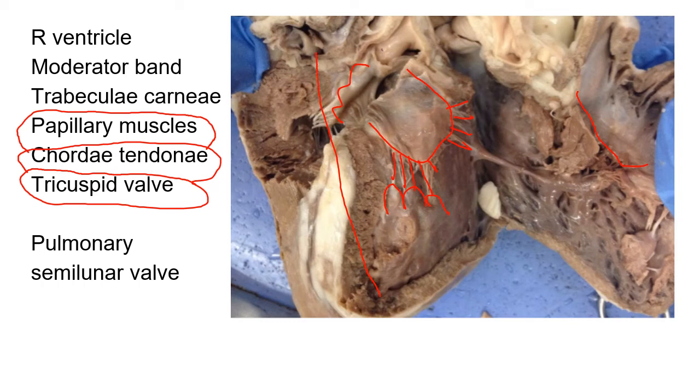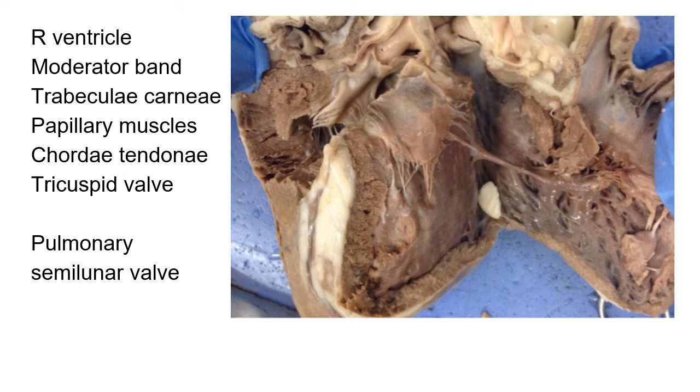The chordae tendineae and papillary muscles work together to prevent prolapse of that valve during systole. So far we've seen that we're in the right ventricle by the thickness of the myocardium. We can see a moderator band, the tricuspid valve, its chordae tendineae, and its papillary muscles.